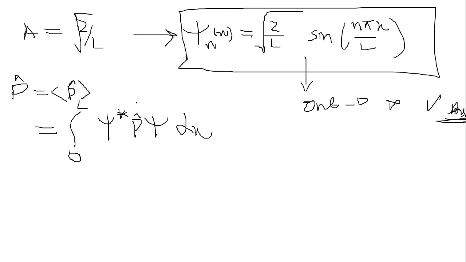So this is the expectation value, or generally we call it the average value of an operator.